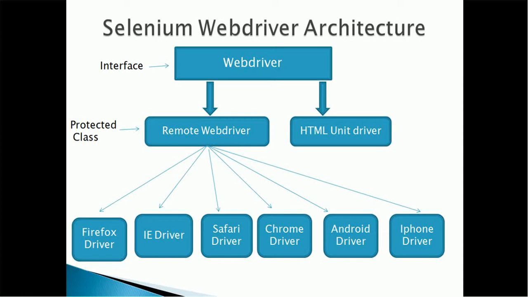But RemoteWebDriver is a superclass of the 6 subclasses that you can see here: Firefox driver, IE driver, Safari driver, Chrome driver, Android driver, and iPhone driver. So these 6 classes are subclasses of RemoteWebDriver. In other words, these 6 classes extend the RemoteWebDriver class.